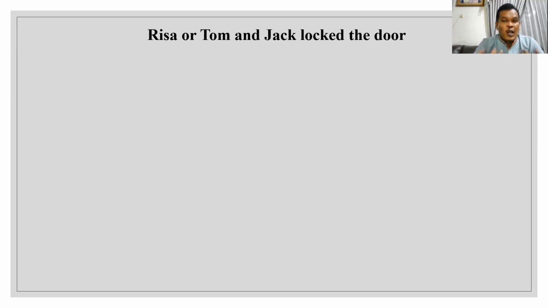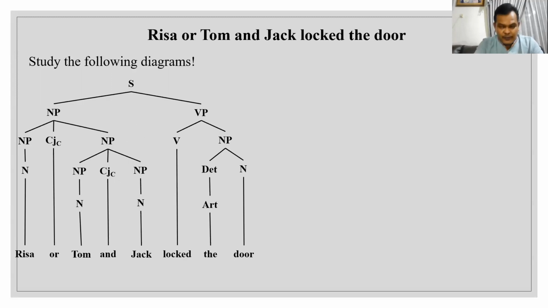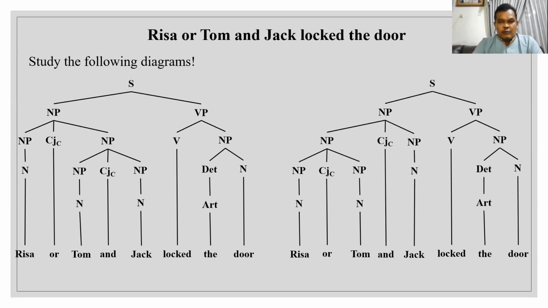Well, in order to help you understand the meanings revealed from this sentence, once again, study the following diagrams. I provide two diagrams in order to facilitate your understanding of the meaning of the sentence. The two diagrams show the analysis of the same sentence, that is, Lisa, Tom, and Jack locked the door.